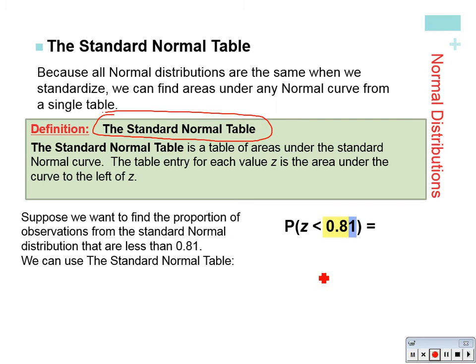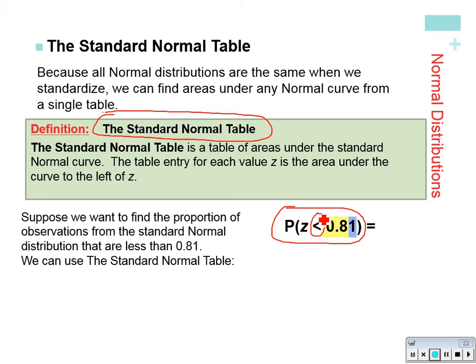So here's a z-score of 0.81, and what we want to know is what percentage, or what area under the normal curve, falls below, since it says less than, a z-score of 0.81. Remember what we said about z-scores: if you have a positive z-score, that means you're talking about a data value that's above the mean.